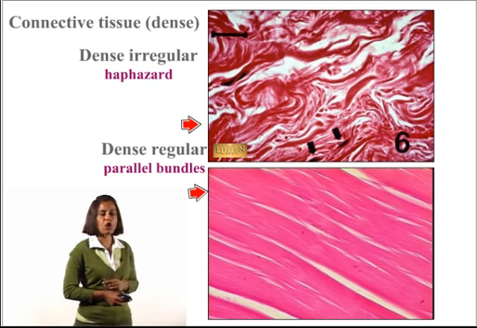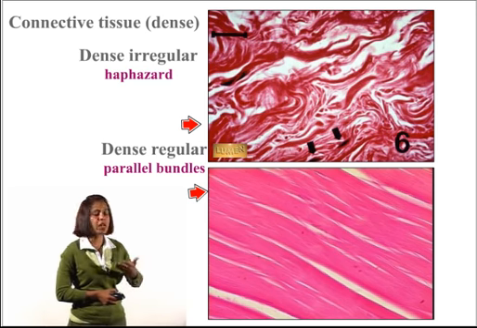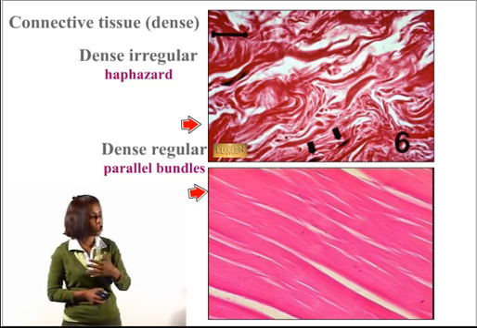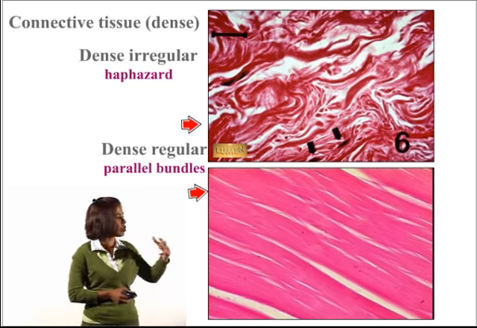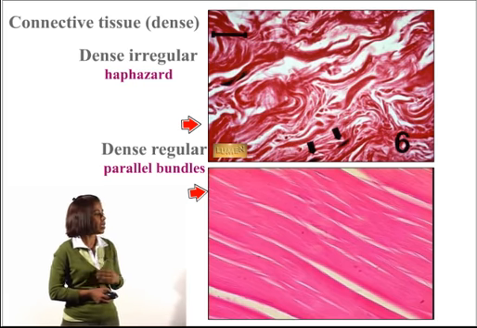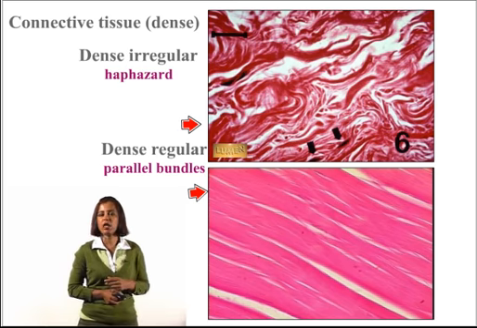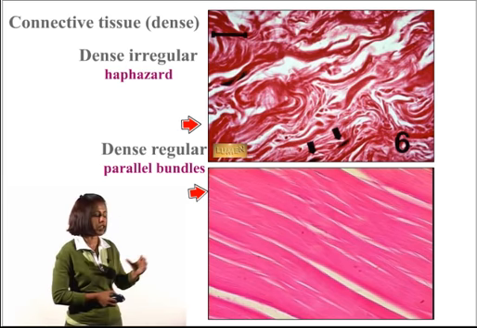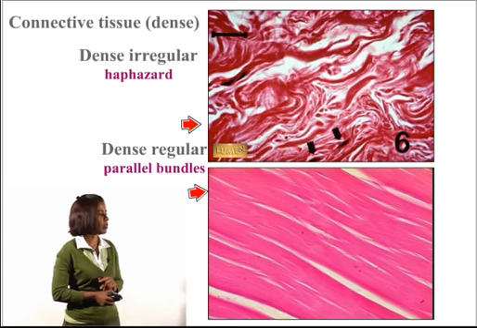So if you look at the top image, you can see that the fibers are cut in different sections. You have some going longitudinally, transversely, obliquely, so it's in a haphazard fashion, and tends to have more spaces in it, and in the dense regular connective tissue, it's more compactly arranged and very, very regular looking.